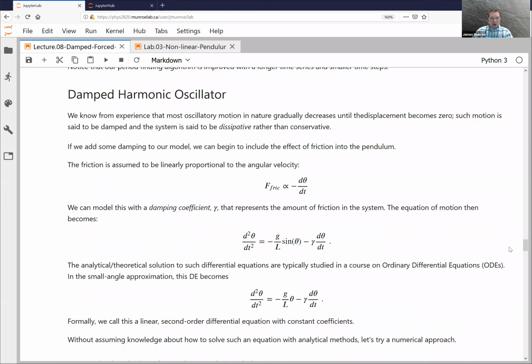Let's look at a damped harmonic oscillator. Oh, Kayla raised her hand. Awesome. Do you have a microphone, Kayla? Or are you typing? Can you hear me? Hello there, Kayla. Hello. I just wanted to clarify, are you finding the pendulum period going back up to the location of the peak in the sinusoidal curve?